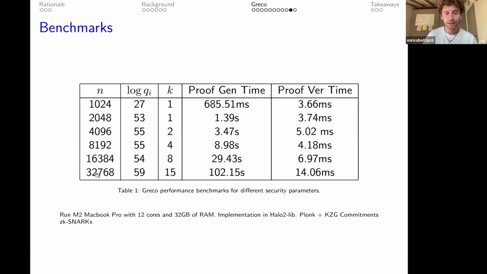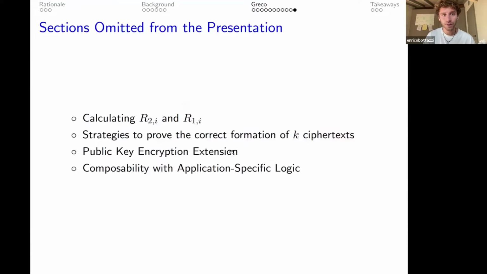But what we are doing now is we're not leveraging any possible parallelization across these 15 components. So I think that this number, especially for a large case, can be improved by leveraging some parallelization and then aggregating recursively the proof into a single proof if you really want to put everything together.